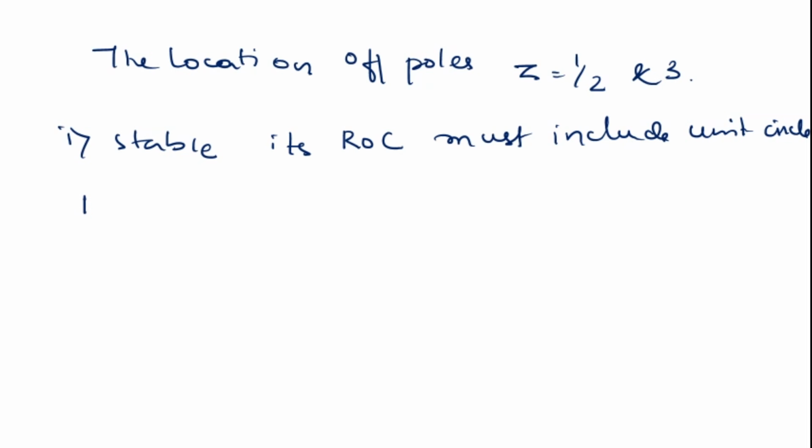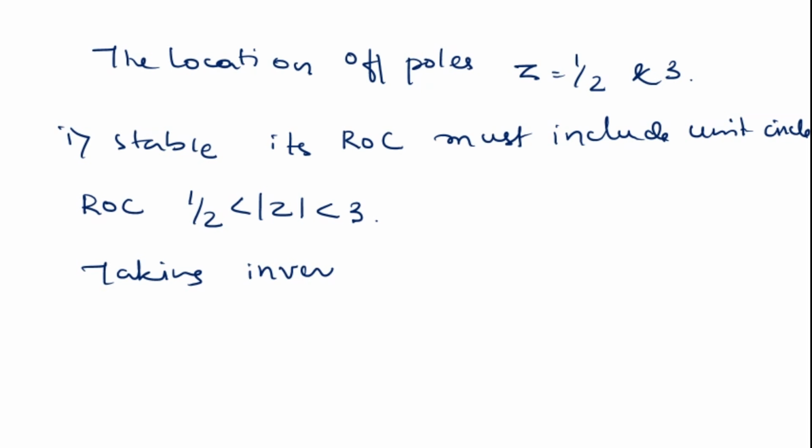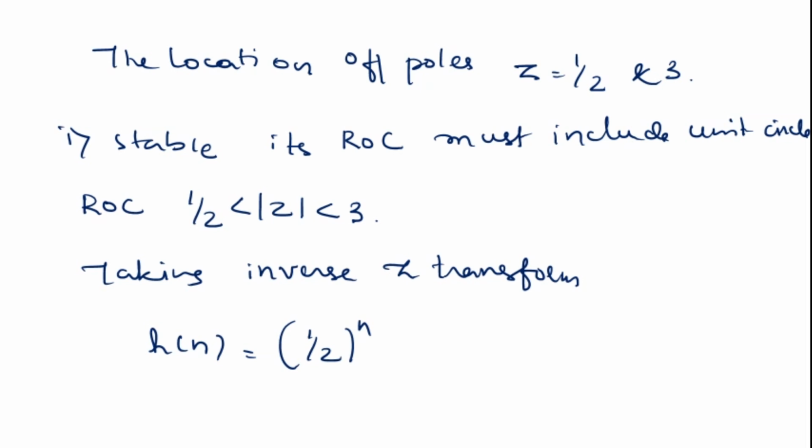Therefore, ROC is between half and 3, and taking inverse z transform, we get h of n is equal to half to the power n into u of n minus 2 into 3 to the power n into u of minus n minus 1.